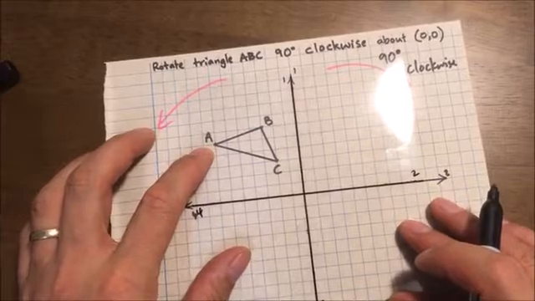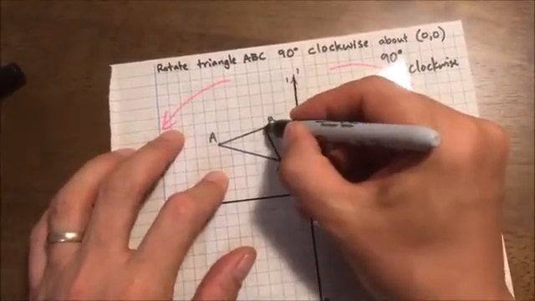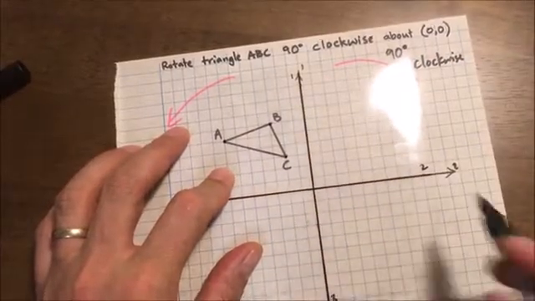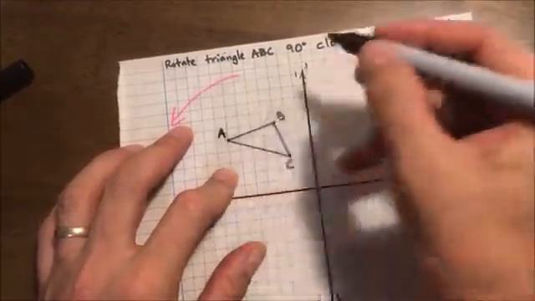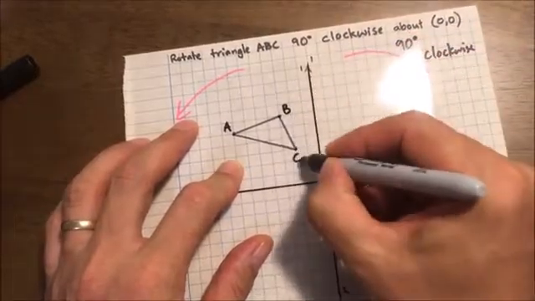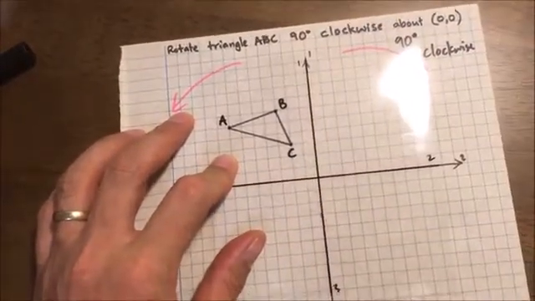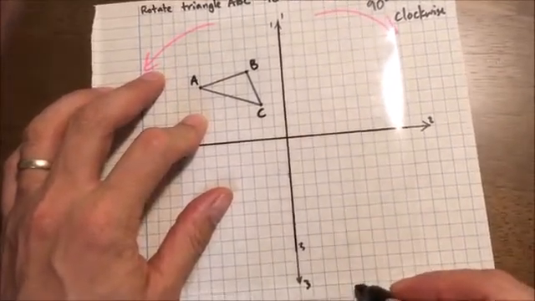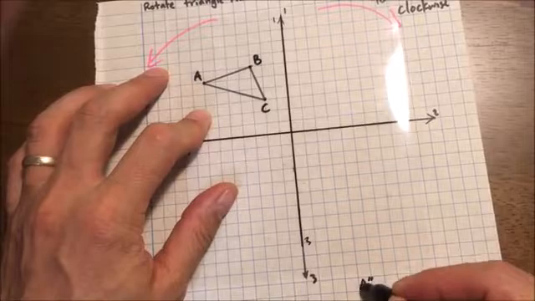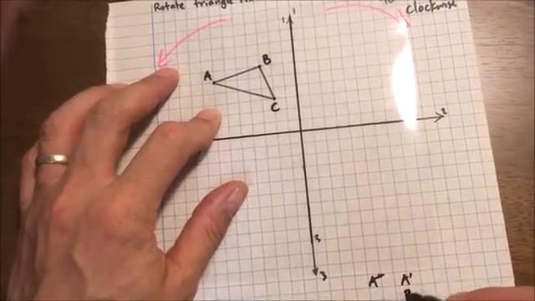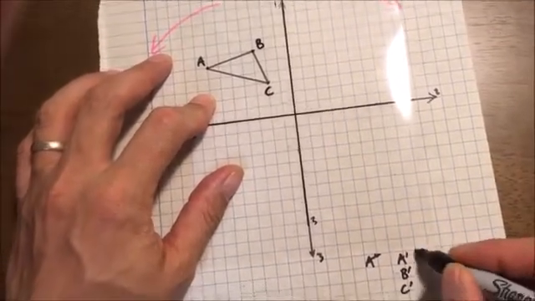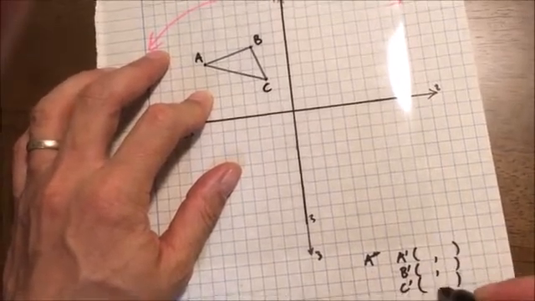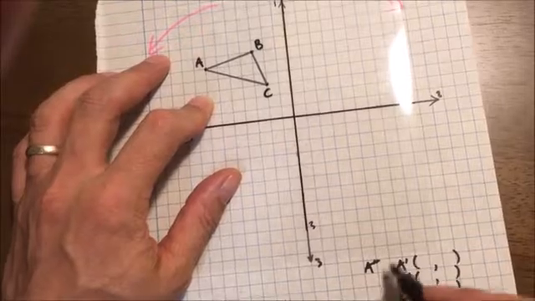So take your time, and then I just plot onto my tracing paper the points of the triangle, label them so I know which one's which, and I'm going to record down here A dash, B dash, and C dash, and I'm going to record down here the coordinates of the image. Okay, so I'm just preparing the next step.